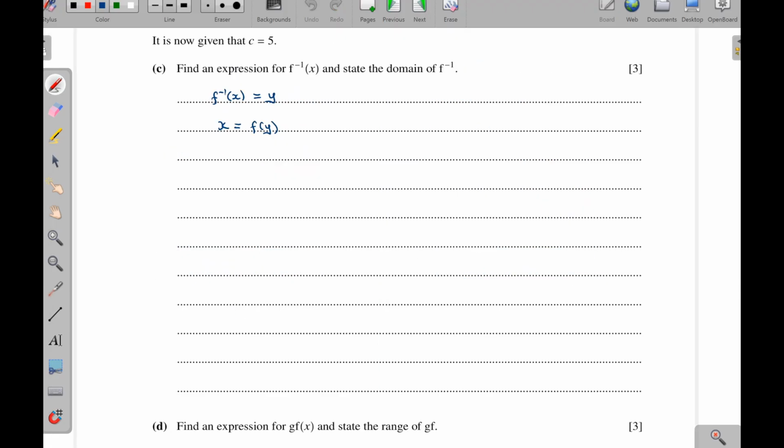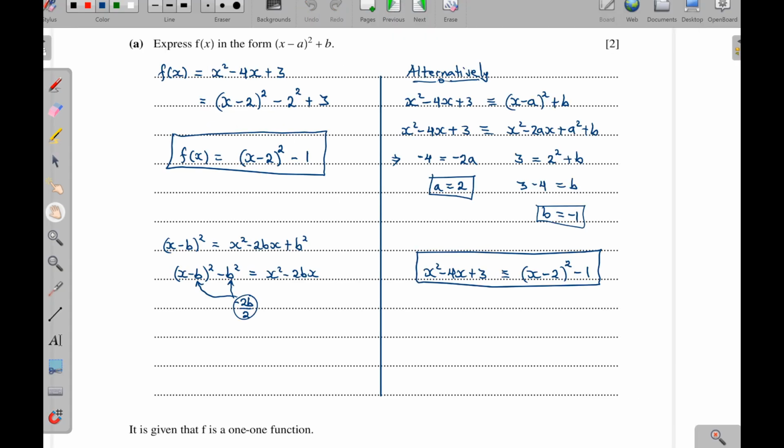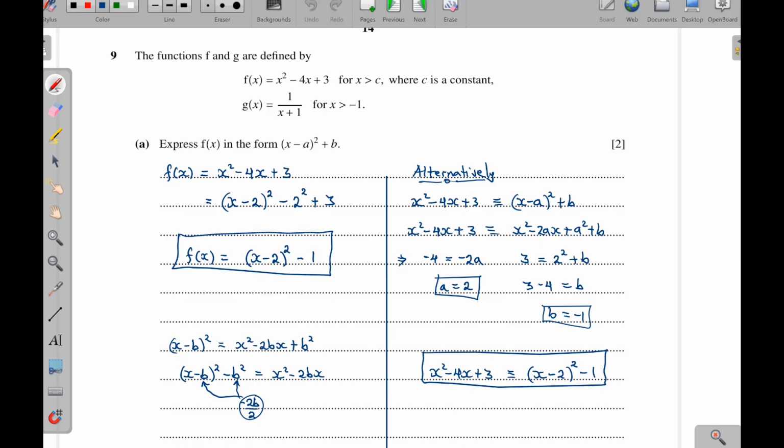So that will be y minus 2 squared, then minus 1. Then now you can make y the subject of the formula. You cannot find the inverse of a quadratic function if it is not in the completed square format. So if it is in this expanded format, you can't. You have to use the completed square format.